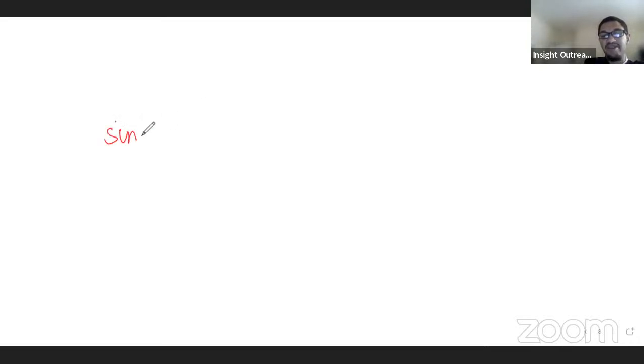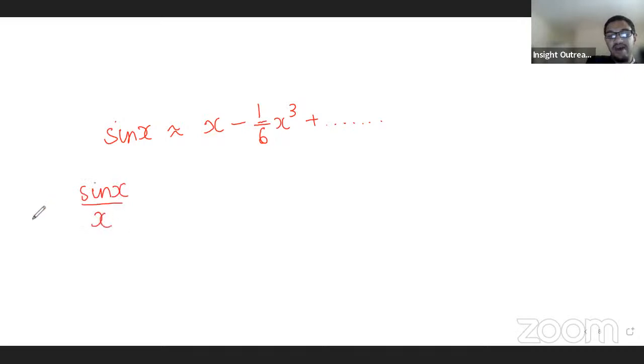So sine of x. We approximated it as x minus a sixth x cubed, and it's going to have a bunch of other things. So if you wanted to find the limit of sine of x over x as x goes to 0, you could say this would be equal to x minus a sixth x cubed, with some other terms which have higher powers of x, divided by x.